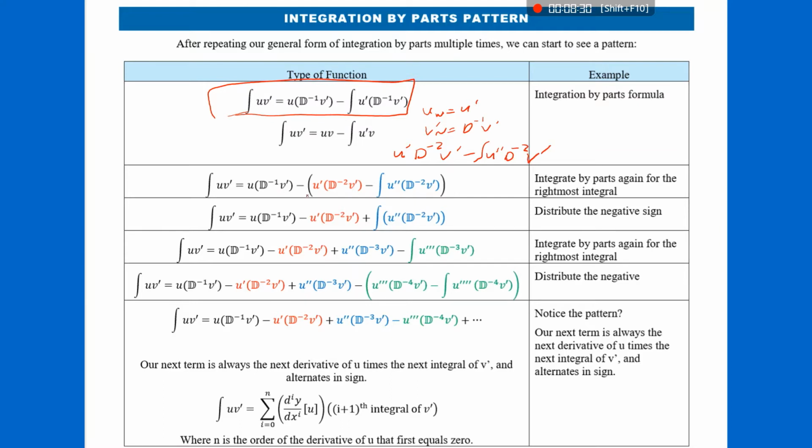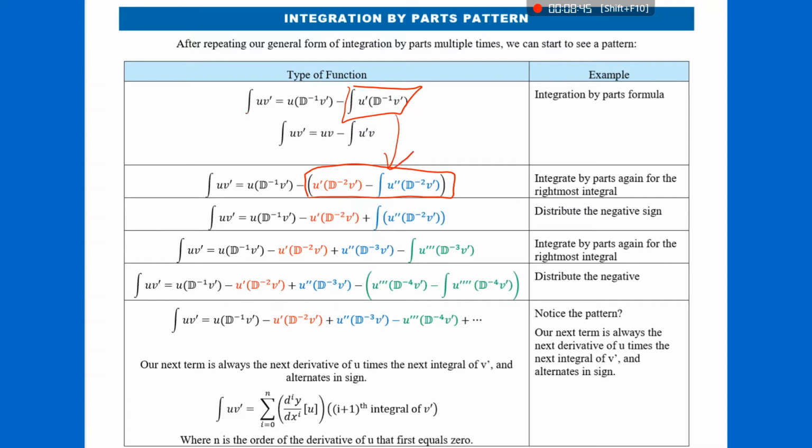Okay, so if I expand this, then this term here that we had for our first integration by parts, if I did integration by parts again, would become this. Okay, now I've still got an integral here, so if I did integration by parts again with this blue one, then I could expand that again.